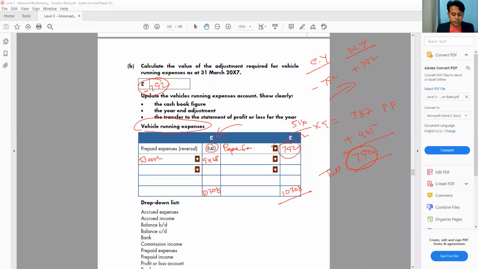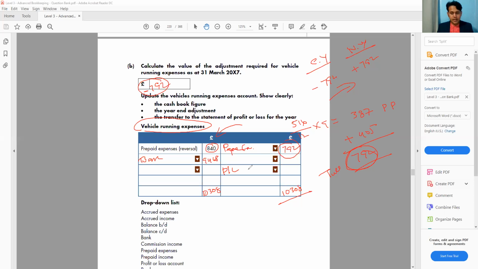So the profit and loss account balance will be a little bit lower than that, because inside this 9,468 we have 792 that belongs to the next period. So any prepaid expense will reduce our expense. Remember that. Any accrued expense will increase the expense, but a prepaid expense will reduce the total expense. So my profit and loss account, I'm going to charge for the vehicle running cost how much?